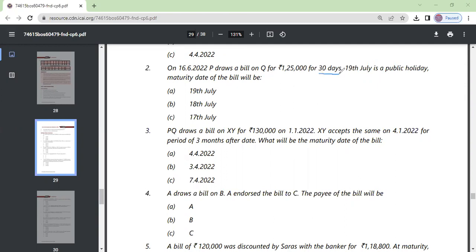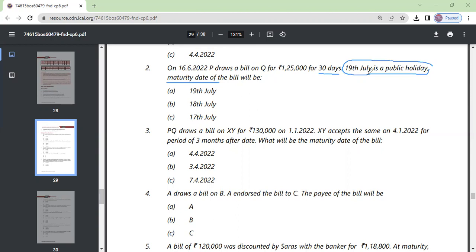So now they mention the time period in number of days. 19th July is a public holiday. Don't search why 19th July is a public holiday, just follow the question. Then what about the maturity date? First calculate the maturity date. We are getting 19th July.